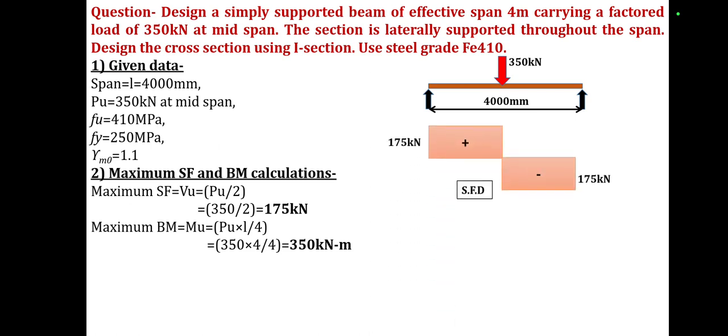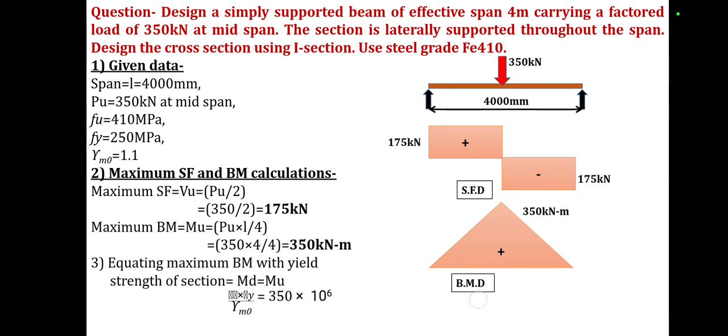Then we plot the shear force diagram, as shown. Here the reaction is 175 kN, again it goes down, and 175 kN negative. Thereafter we draw the bending moment diagram, and it is in this shape.